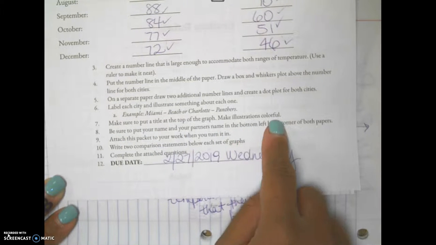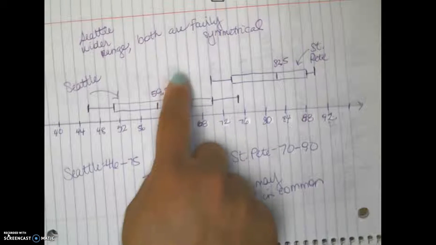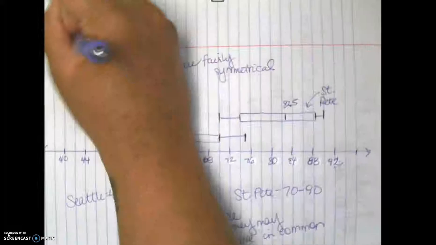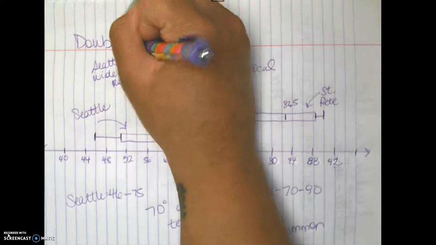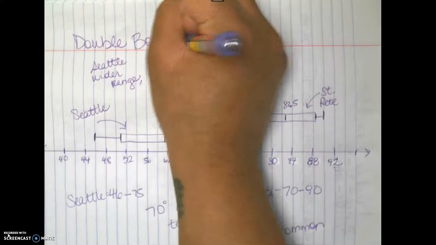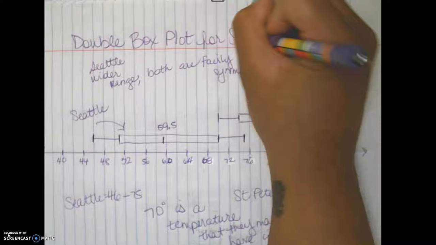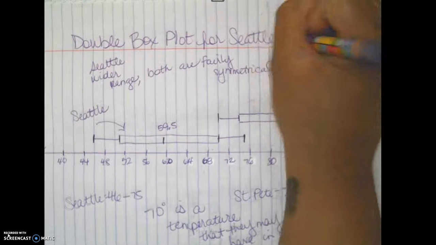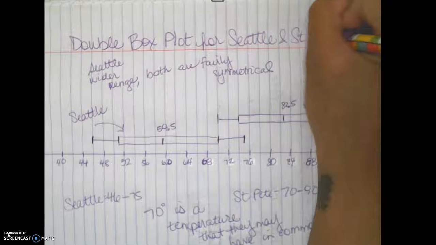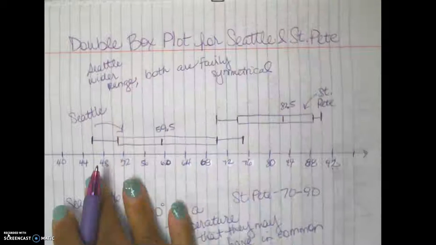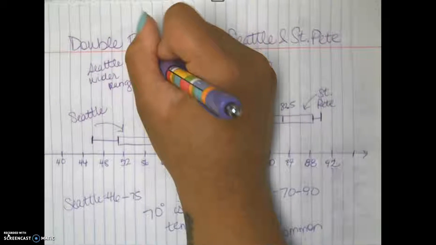Make your illustrations colorful. What would be the title of this graph? Double box plot for what? Seattle and St. Pete. What am I comparing? What kind of temperatures? Low. Not low. High. Good. Double box plot for Seattle and St. Pete. What kind of high temperatures?